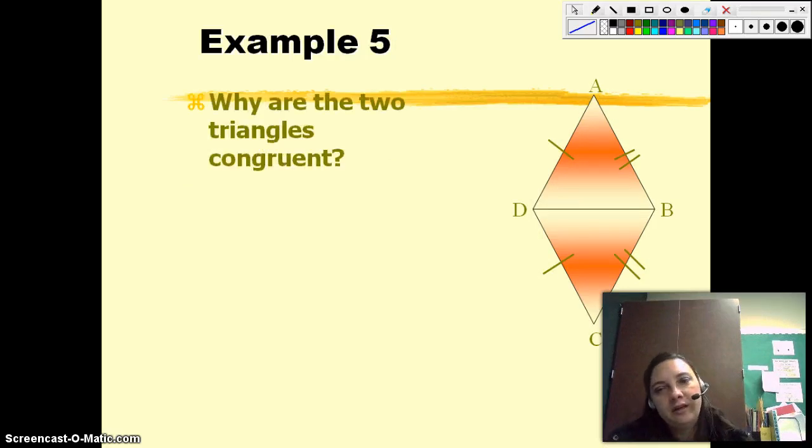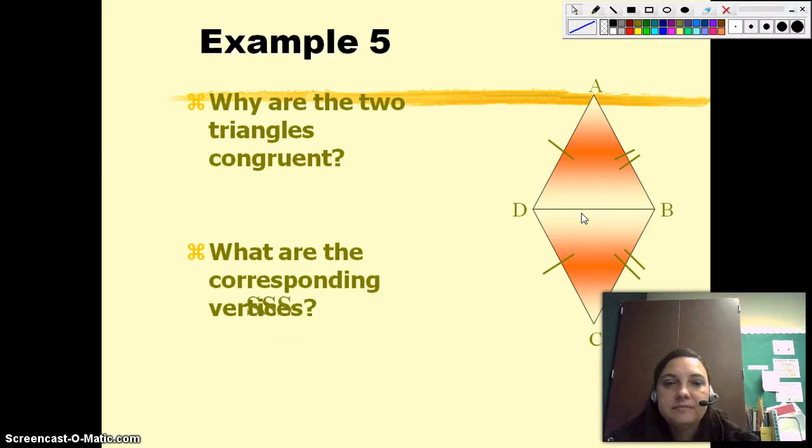Why are these two triangles congruent? Well, I see again that they share this side DB. Again, that's going to be reflexive, so that means it's going to be the third side. So I have side. What are the corresponding vertices?